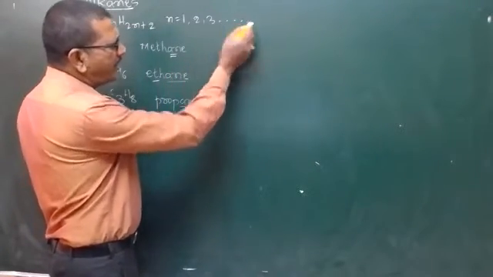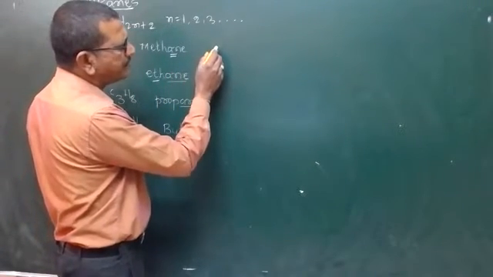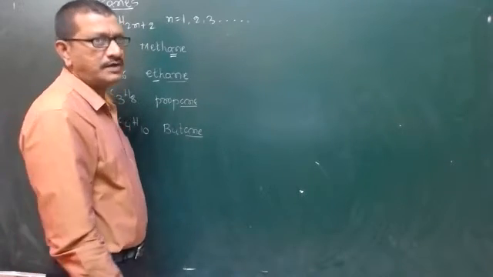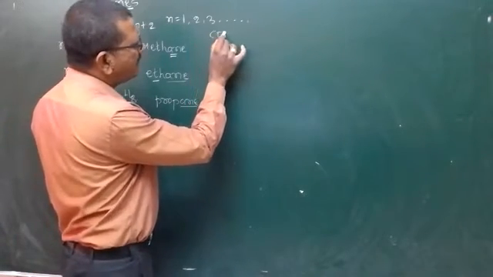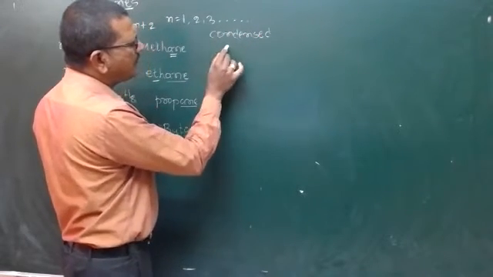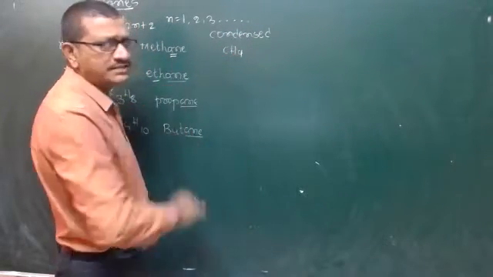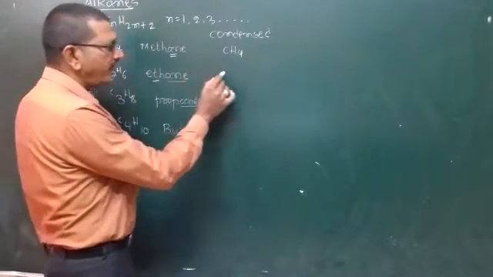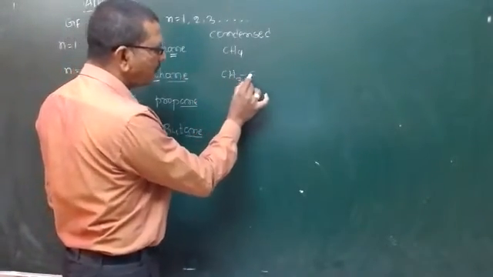Now, let us write the condensed formula and the structural formula of these molecules. Condensed formula means we write CH4 for methane, C2H6 that means CH3-CH3 for ethane.